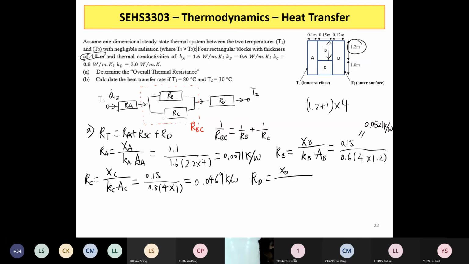And for RD, XD divided by KD and AD, the area of material D. XD equals 0.12. KD is 2. Area, again, 2.2 times 4. Okay, what's the number?